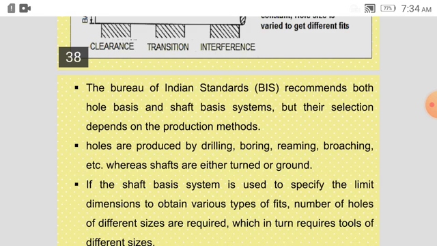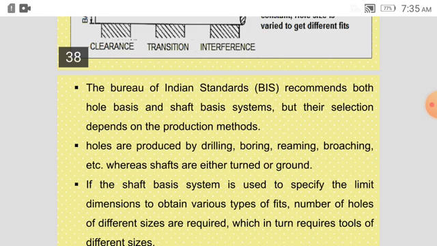But whenever we are going for a hole, we have to go for different operations such as drilling, boring, reaming, broaching. Such operations are done internally, and to control the dimension is very difficult, because whenever we are drilling a hole, we may get a drill bit of 50 cross section, right?